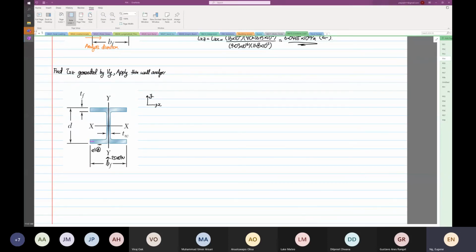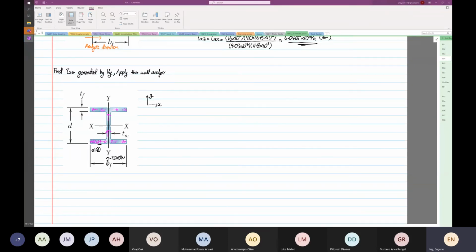Remember, we draw all these arrows. Element A is furthest away from the neutral axis. However, based on thin wall analysis, there is still cross-sectional area. So we have to write down our formula.